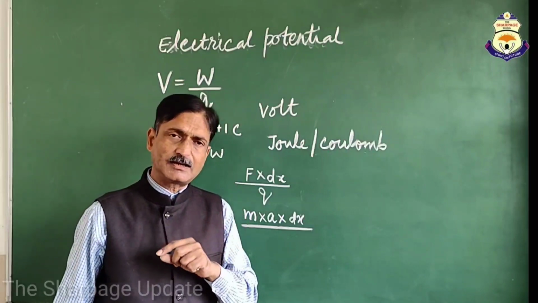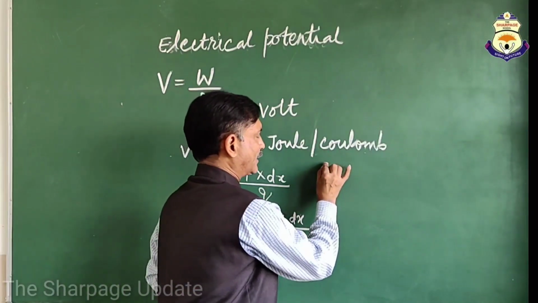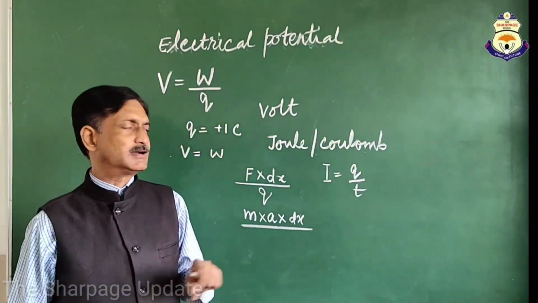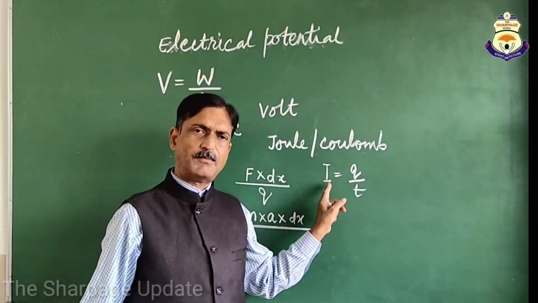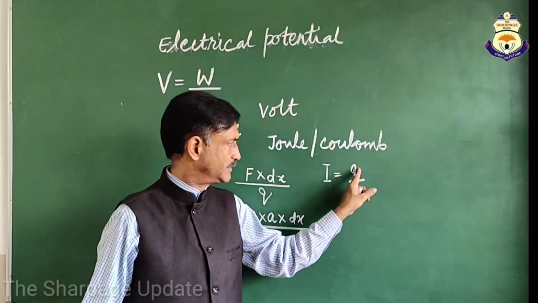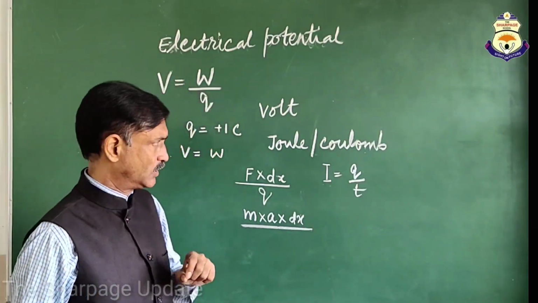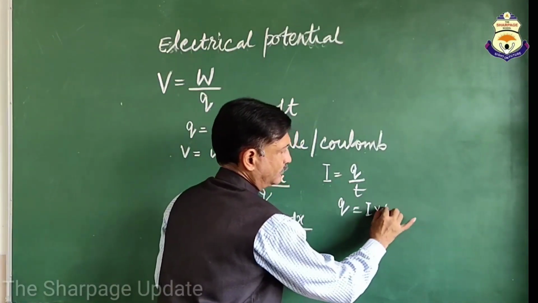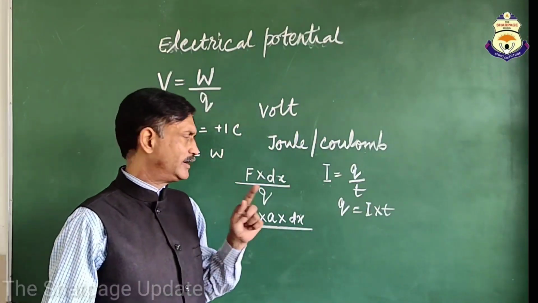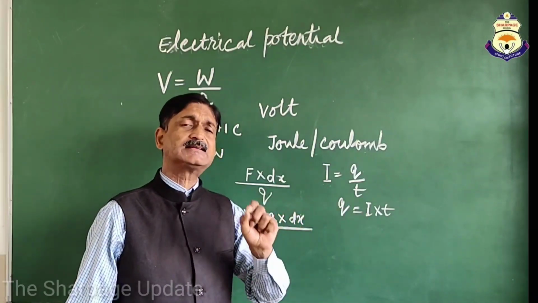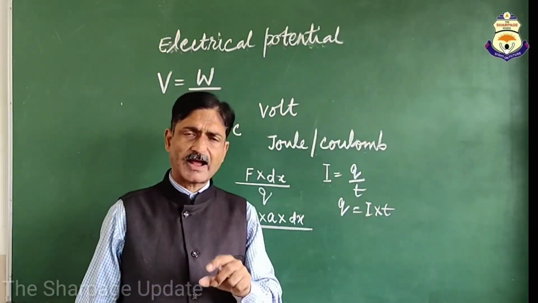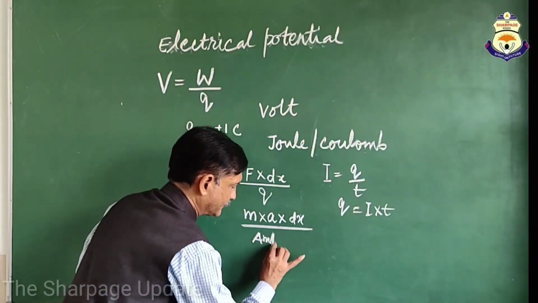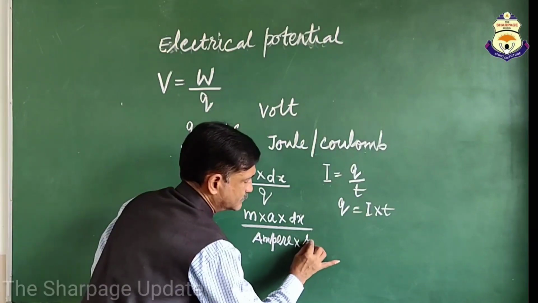And for charge, as we know, electrical current I equals the rate of flow of charge. It means electrical current is represented by Q upon T, where Q represents charge and T represents time. So the value of Q can be written as I into T. The SI unit of electrical current I is ampere and the SI unit of time is second. So it can be written as ampere into second.